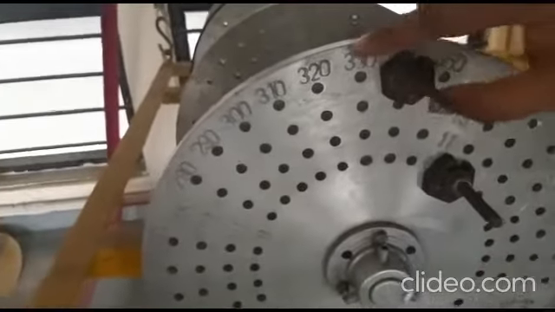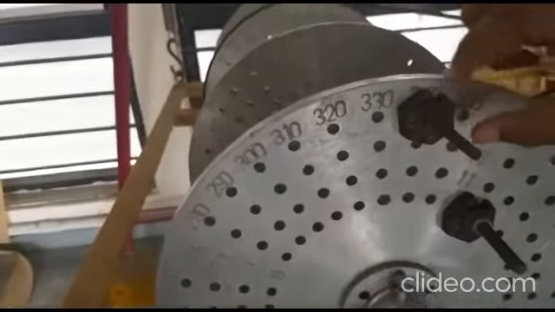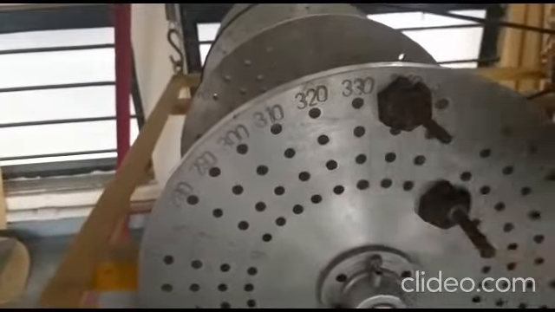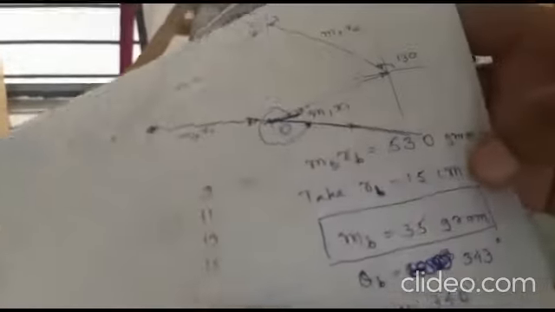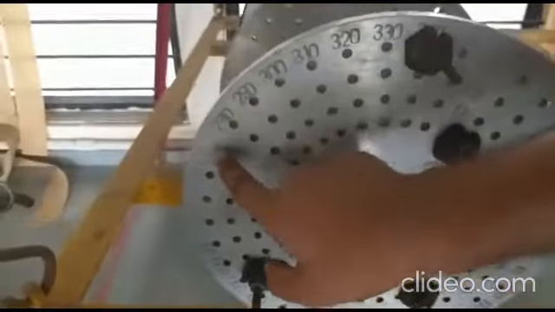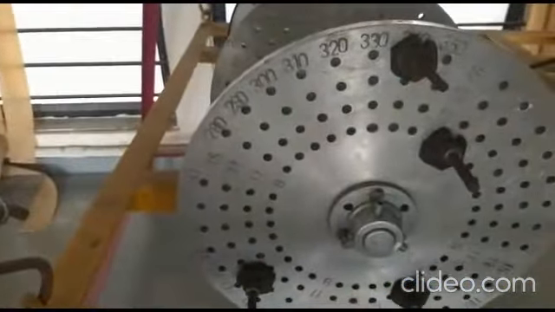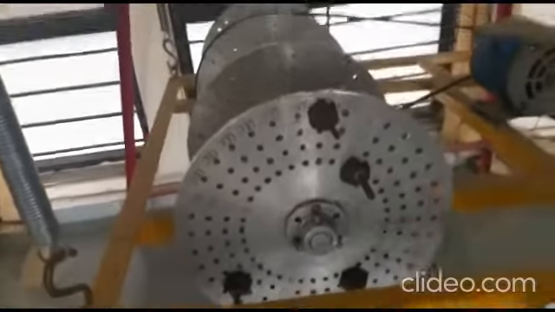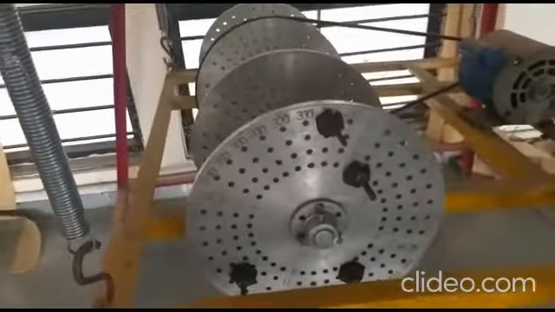So 50 grams, and already we have taken 15 centimeter, RB is 15 centimeter. So now our system is balanced. We have three unbalanced masses, and that system we have balanced with one single mass.